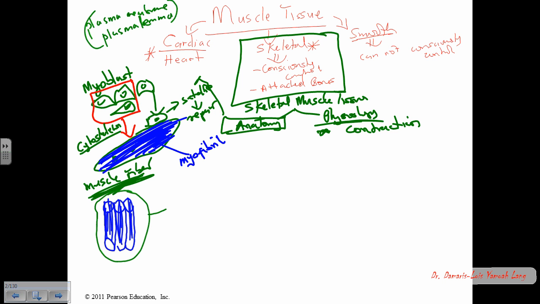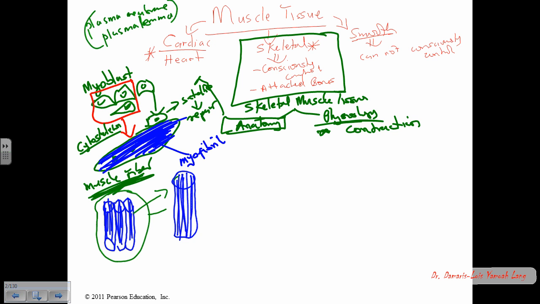So anyway, we are going to look at how one myofibril will look. If this is a myofibril, inside of that one myofibril we have filaments. Are you with me?